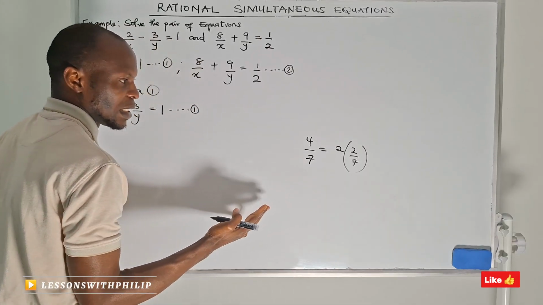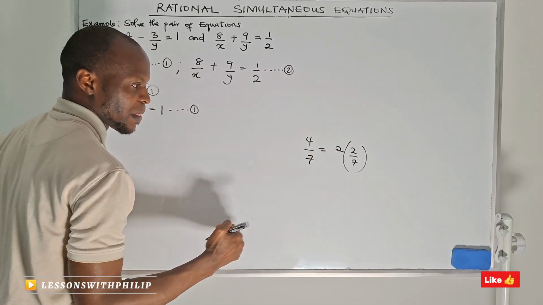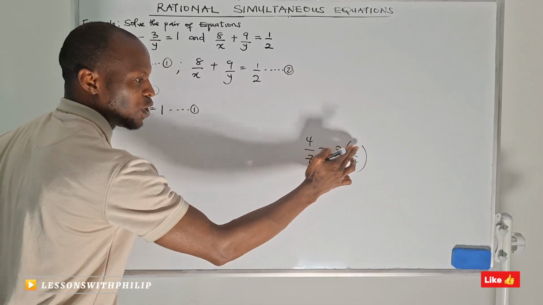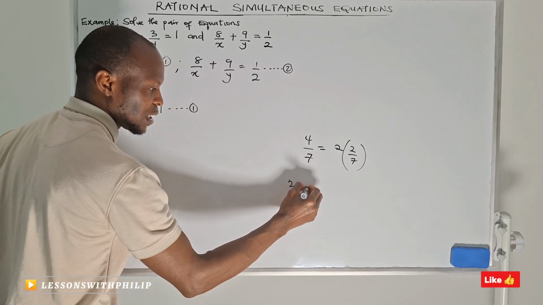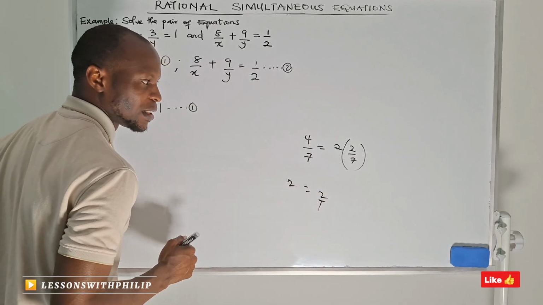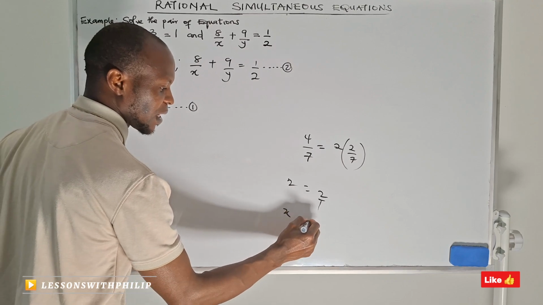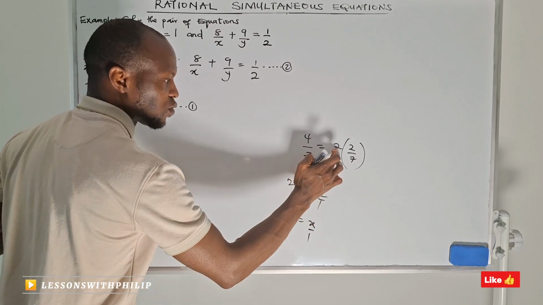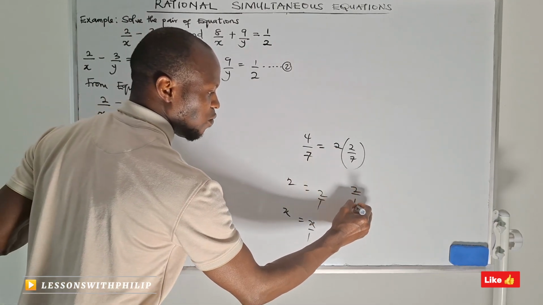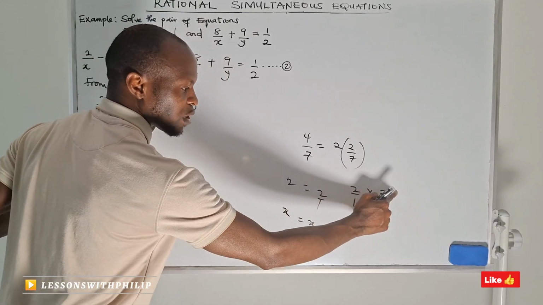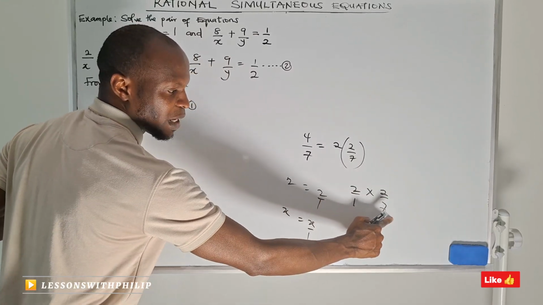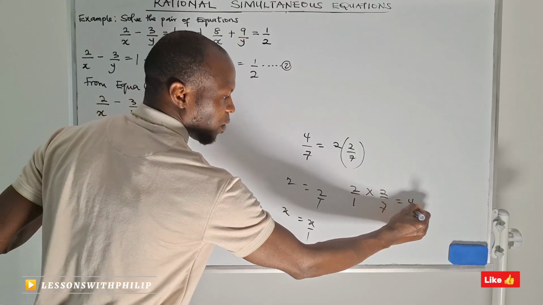Because 2 is a whole number, it will only multiply the numerator. 2 is the same thing as 2 over 1, and x is the same thing as x over 1. So this 2 is the same as 2 over 1 times 2 over 7. Numerator will multiply numerator, denominator will multiply denominator, and this is 4 over 7.